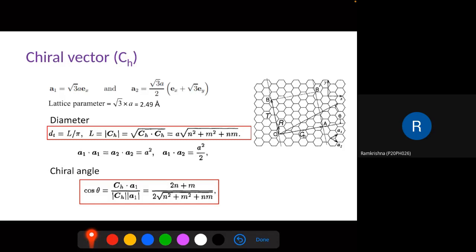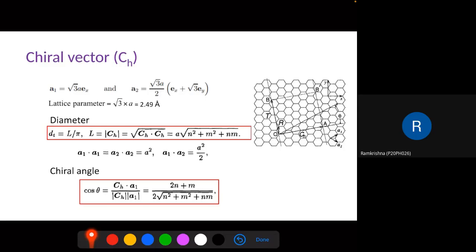Okay, so we can again go through a little bit of mathematical equations so that you can calculate the diameter of the nanotube. So these a1 and a2 vectors, for the hexagonal unit cell, you can define like this.